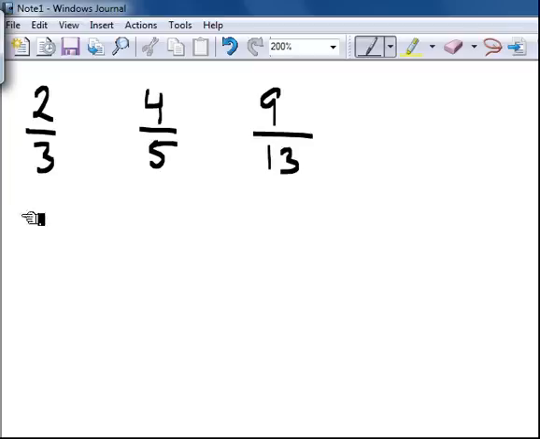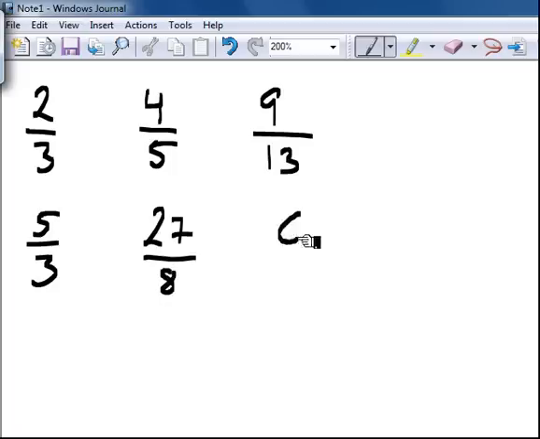Another type of fraction would be improper fractions. These are proper fractions, and if we say improper fractions, we can say, let's say 5/3 or 27/8 or 6/2.